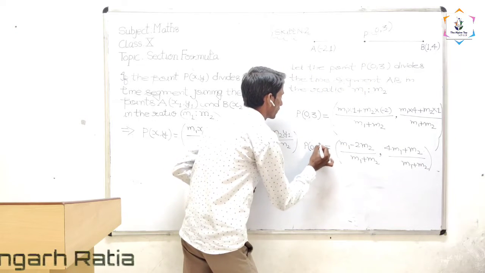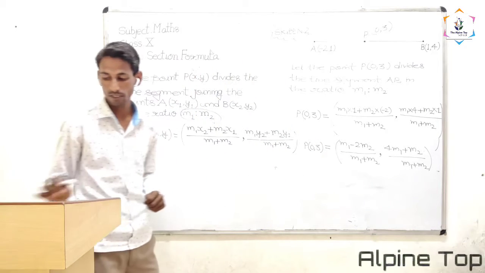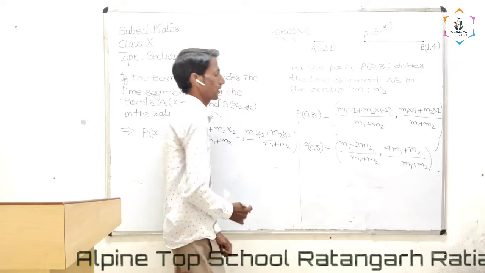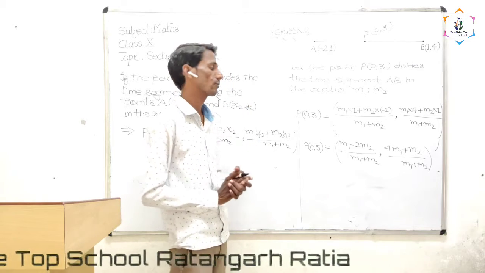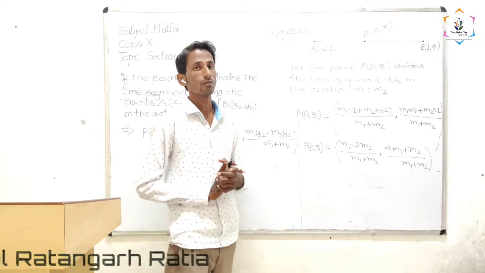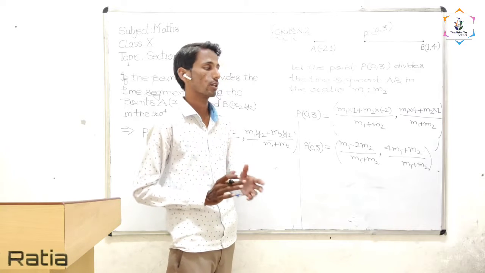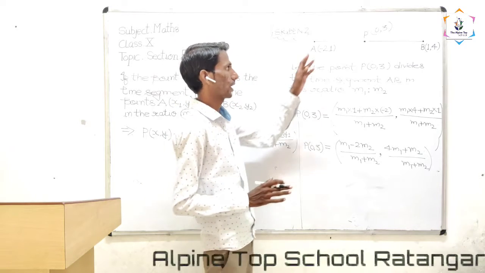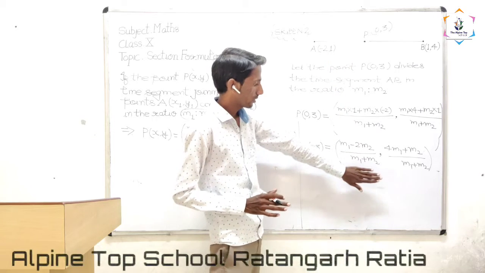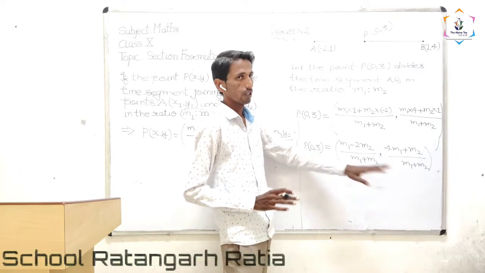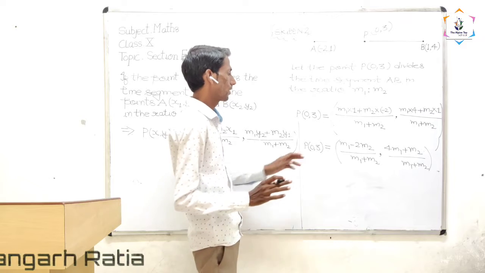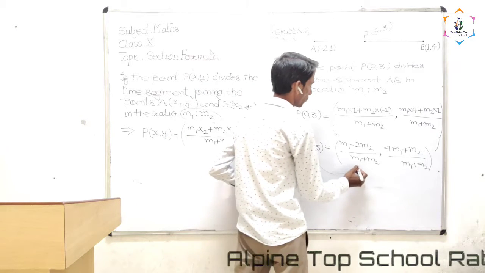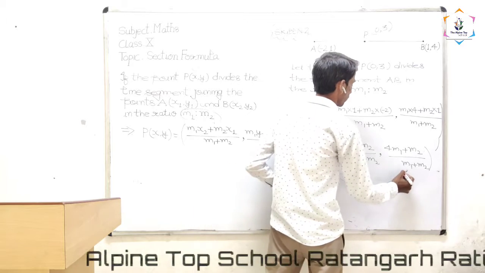After this stage, what do we have to do? This is the main purpose. Dear students, listen carefully. Whenever you face a problem related to the section formula in which you have to find the ratio, after reaching this level you know that if two ordered pairs are equal, abscissa is equal to abscissa and ordinate is equal to ordinate.